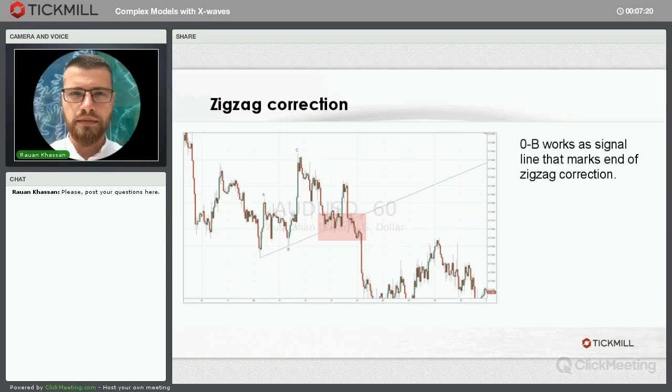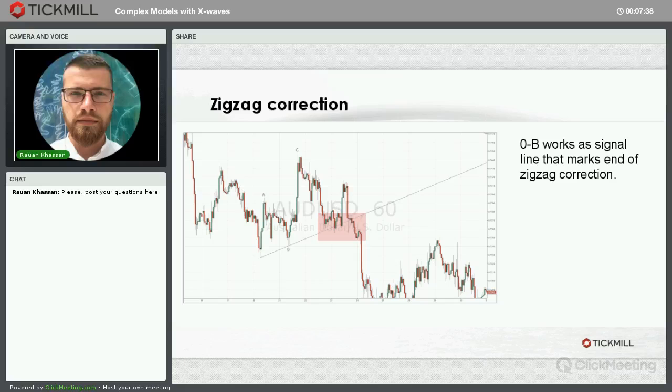Important notice regarding zigzag correction is its signal line. Signal line is marked as shown on the example chart of Australian to United States dollar, 1 hour time frame.